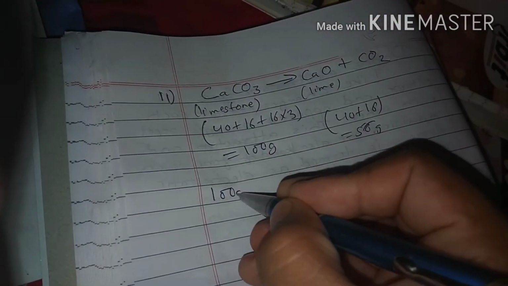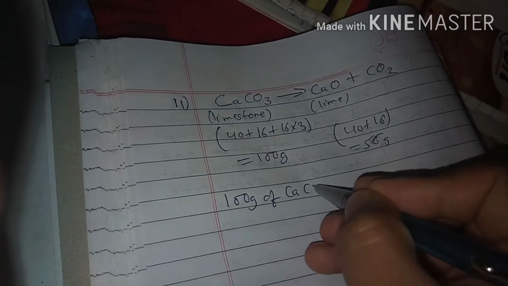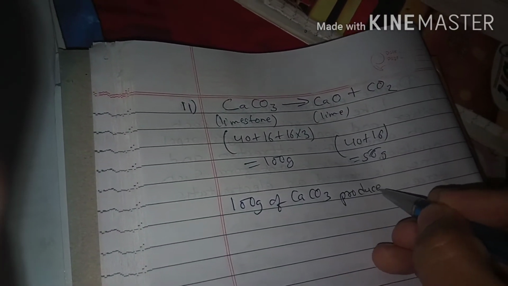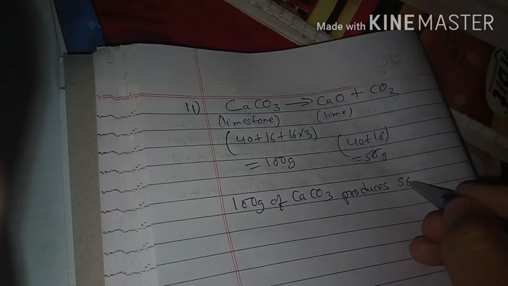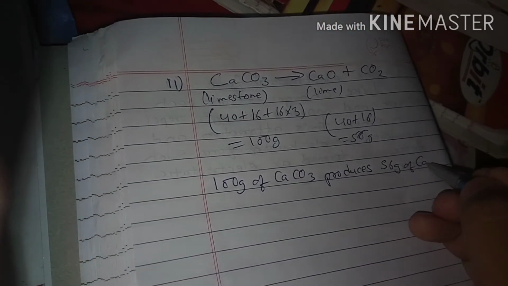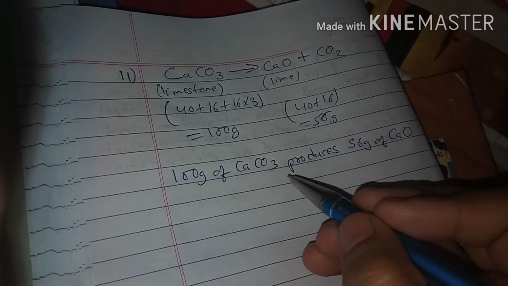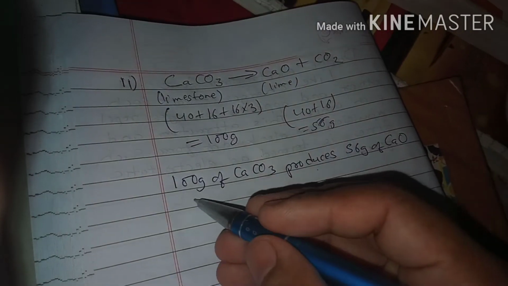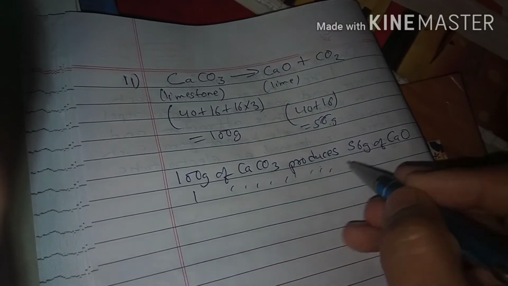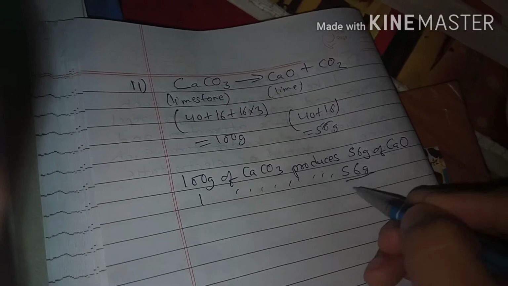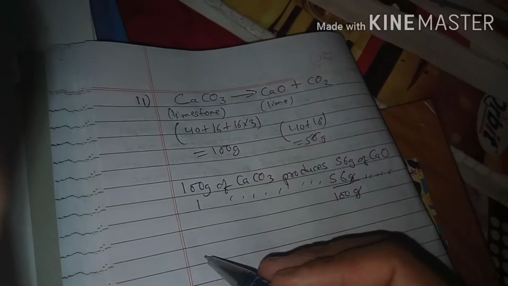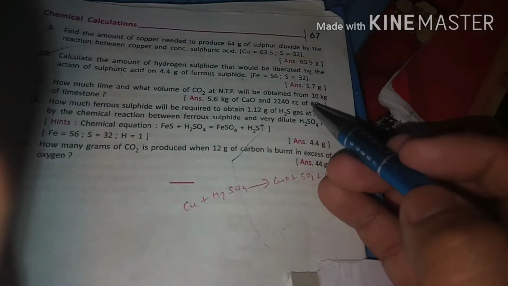So 100 gram of CaCO3 produces 56 gram of calcium oxide. Is it clear? So 100 gram of calcium carbonate produces 56 gram of calcium oxide. So 1 gram of calcium carbonate produces 56 by 100 gram of calcium oxide. Last step, we write 10 kg.